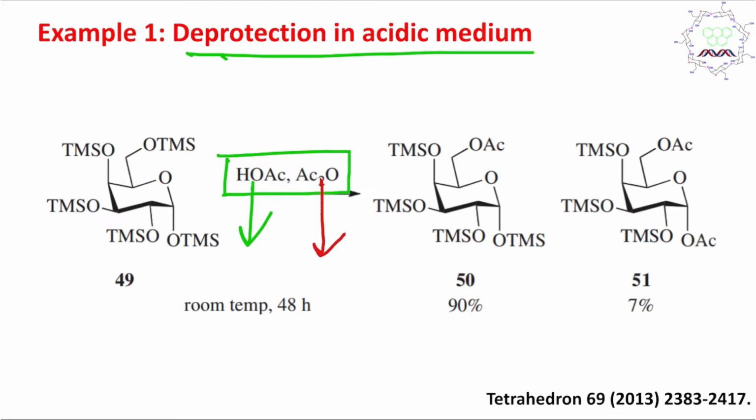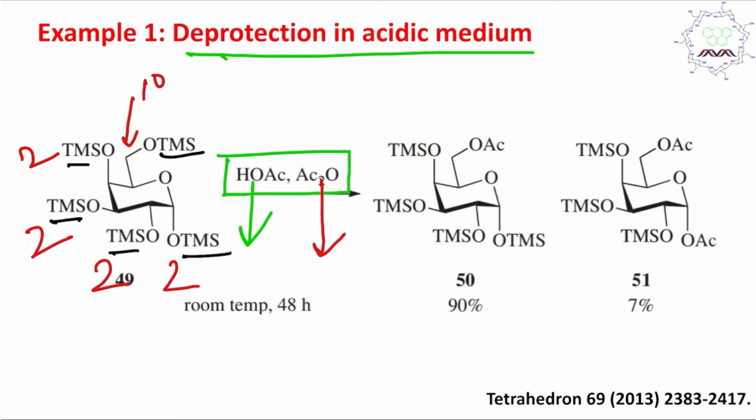On the silicon side, all are TMS, meaning the silicon side is equally bulky. Now we need to consider the oxygen side. See, this is secondary, secondary, secondary, secondary, but this is primary. Consequently you can expect hydrolysis here, and actually that's what happened, students.